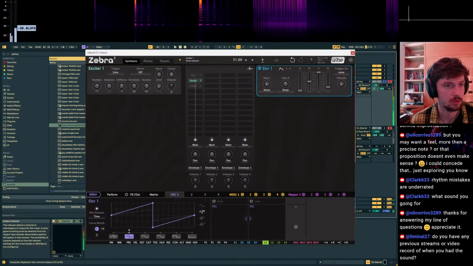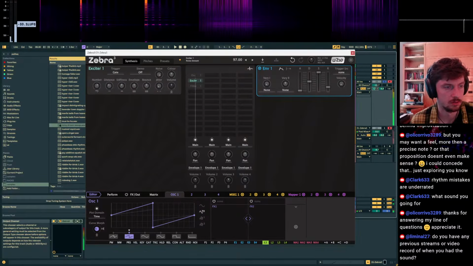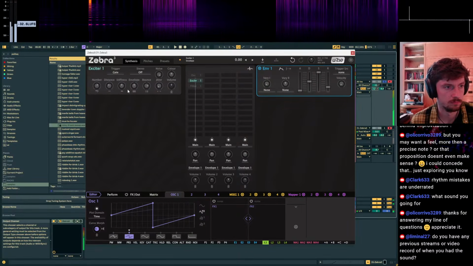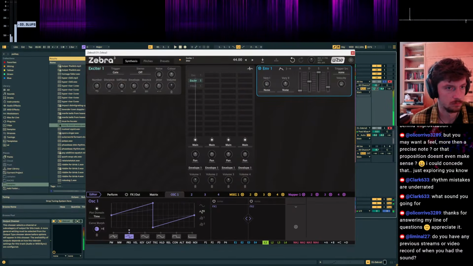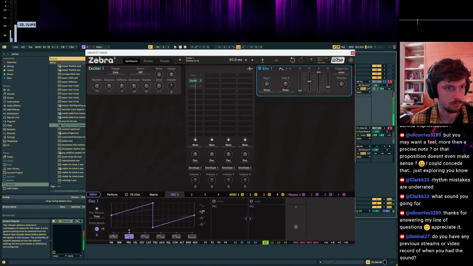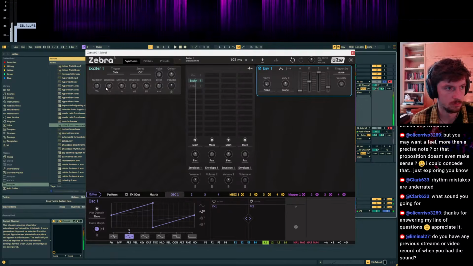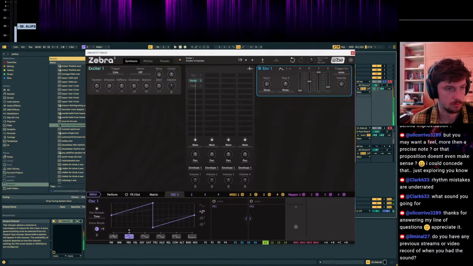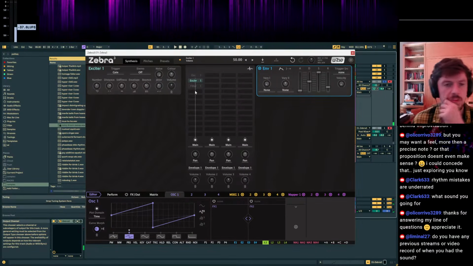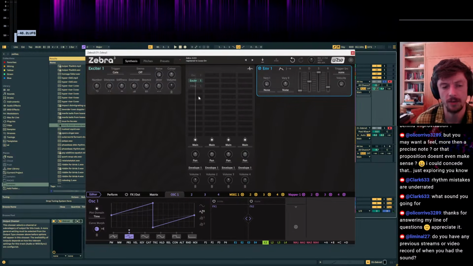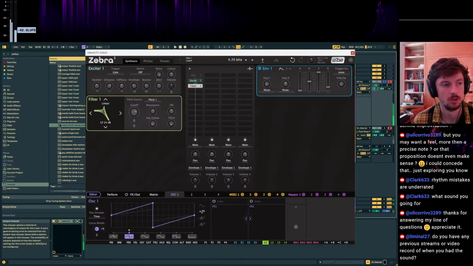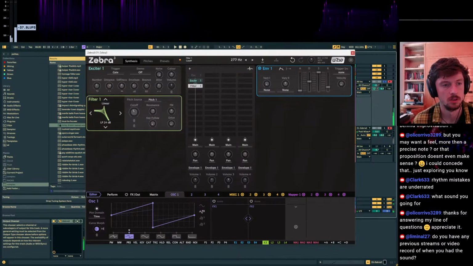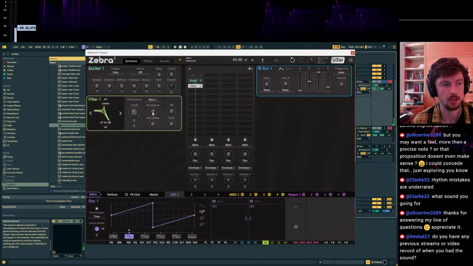Let's add noise. So if I filter FM with this filter. Oh, that's already kind of there, honestly.